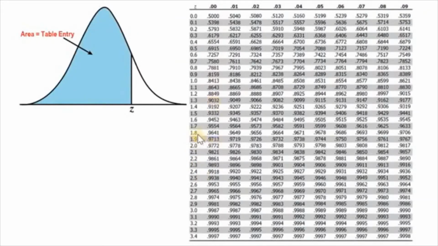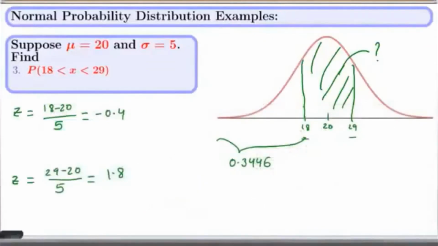For that, we'll be looking at the row of 1.8 and column of 0.00. So basically, the area is 0.9641. So let me put that down here. So basically the area to the left of 29 is 0.9641.